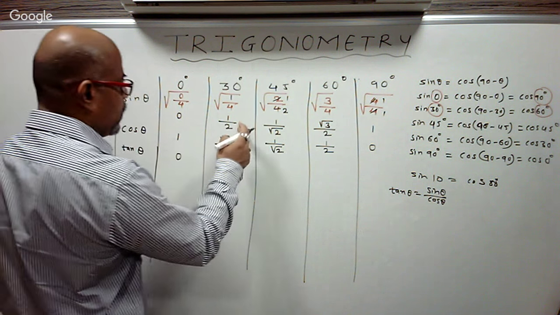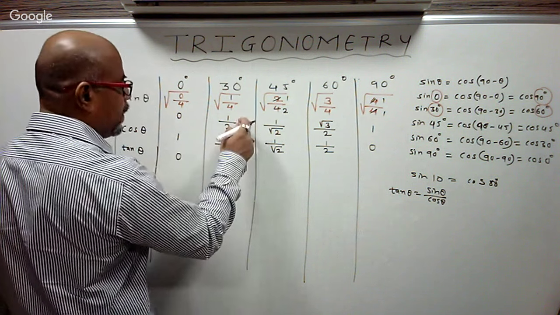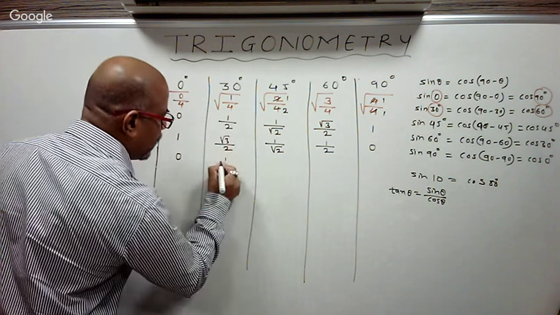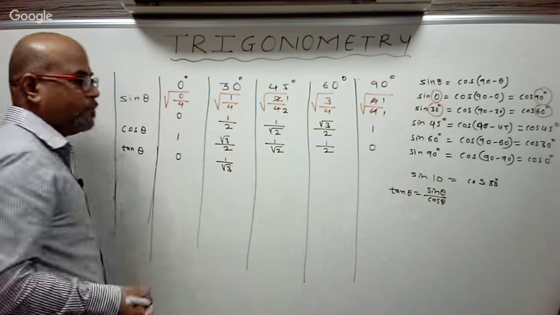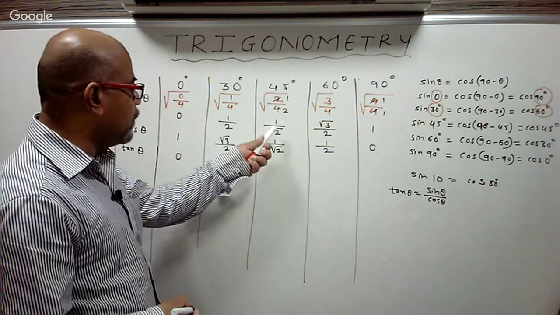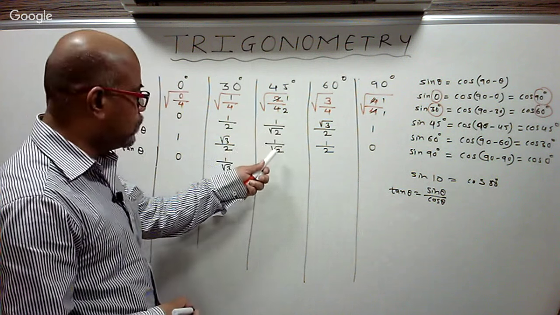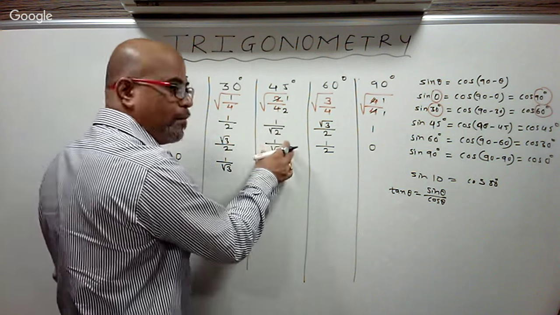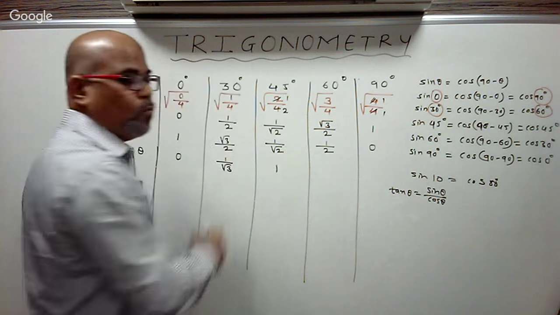Then for tan 30 degrees, sin 30 upon cos 30, divide this, here the 2s get cancelled, we get 1 by root 3. For tan 45, sin upon cos, the value of sin 45 is 1 by root 2, cos 45 is also 1 by root 2.